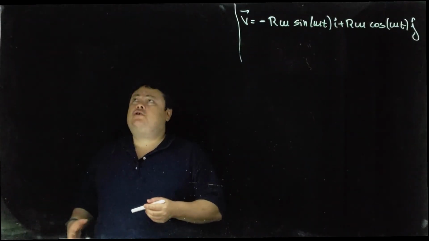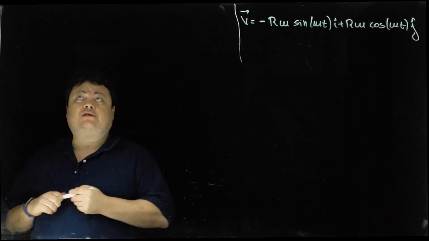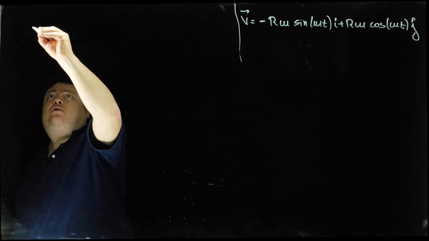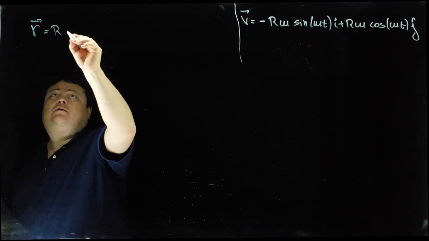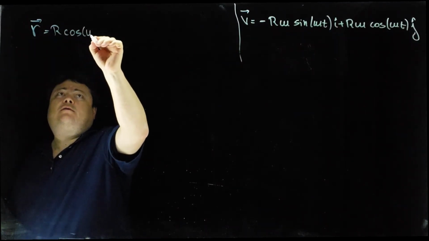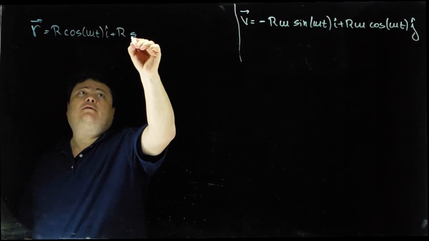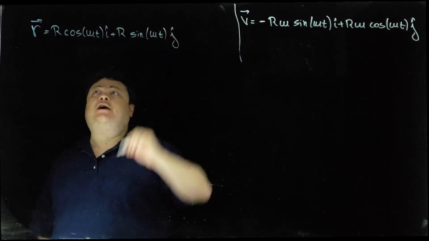So I'm now going to just organize the two results we have and make room for the next step. So our position vector is given by r cosine omega t i hat plus r sine omega t j hat.